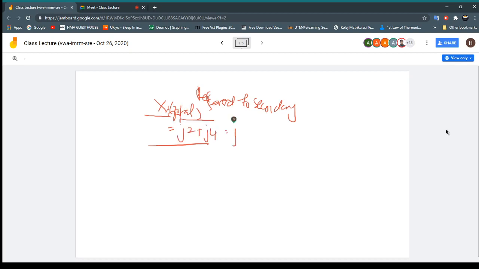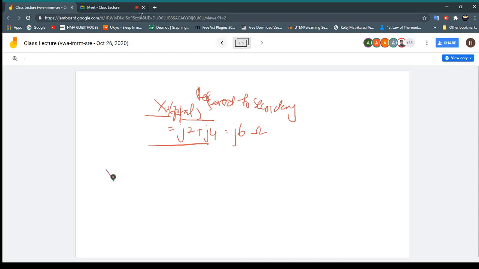You get j6 ohm. Okay, this is the impedance referred to the secondary. Okay, the previous one is referred to the primary. So what is the per unit value?